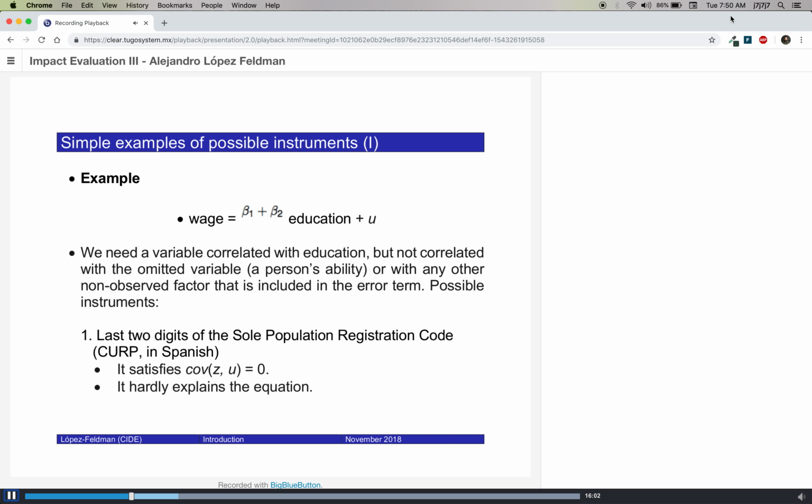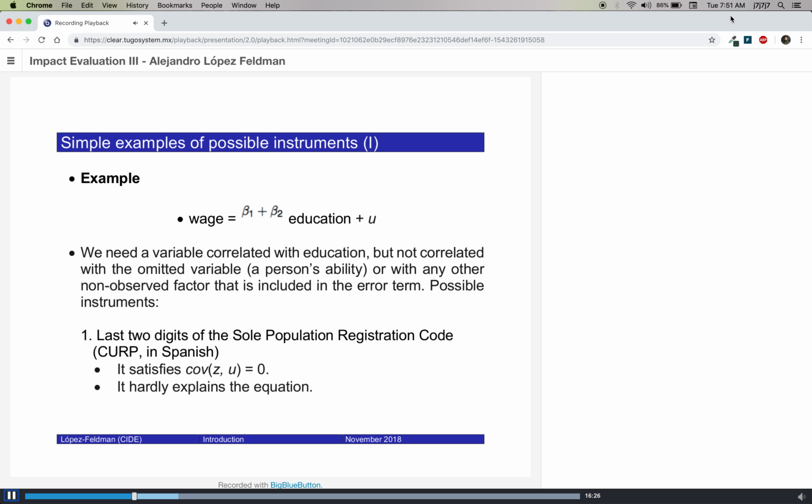For instance, if we go back to the world of programs, how do we apply this to the program or policy? And that's why this is a good instrumental variable. So after that, it has to fulfill the statistical part. If I have the statistical part but not a good reason, then of course I'm not going to have a good instrument.